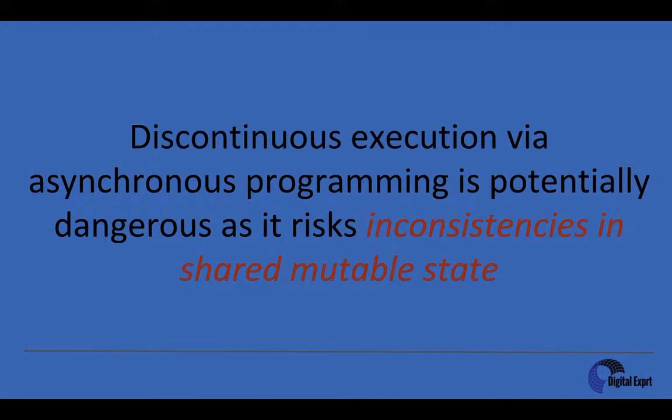With discontinuous execution, when we introduce asynchronous programming, for example in C# we could use the await command, this is potentially dangerous, as we've seen previously, because it risks us falling into inconsistencies in shared mutable state. So the shared mutable state could end up being corrupt, which is not desirable.